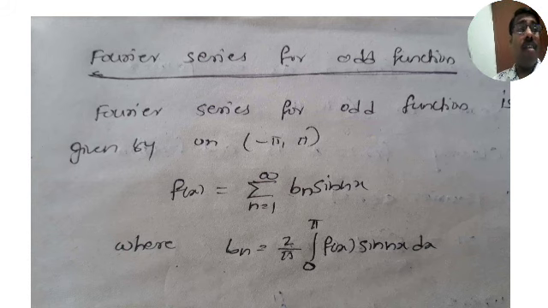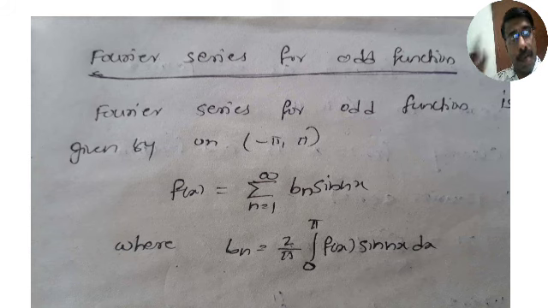And the second one is cos 0, cos 2 pi, cos 4 pi, cos 6 pi, cos 8 pi, cos 10 pi, all are 1. So cos 2n pi, an even multiple of pi, is always 1. Whereas cos 0 is 1, cos pi is minus 1, cos 2 pi is 1, cos 3 pi is minus 1, cos 4 pi is 1, cos 5 pi is minus 1, cos 6 pi is 1, cos 7 pi is minus 1, alternately plus 1, minus 1.